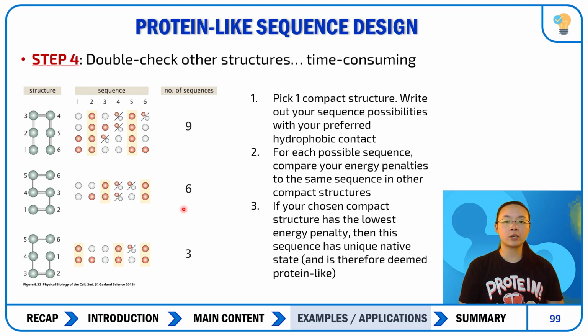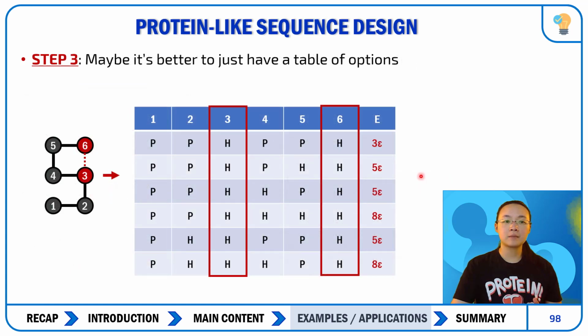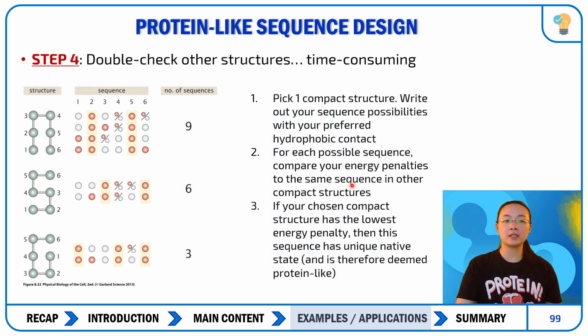If your chosen compact structure has the lowest energy penalty, then this sequence has a unique native state and is therefore deemed protein-like. So keep in mind, these are the 6 that have unique ground states. And therefore, you end up with 6 over here because you do have to make a comparison with all of the options for your S shape compared to all of your options for your other shapes.